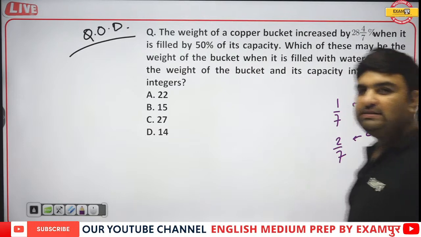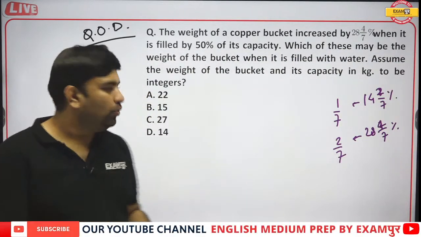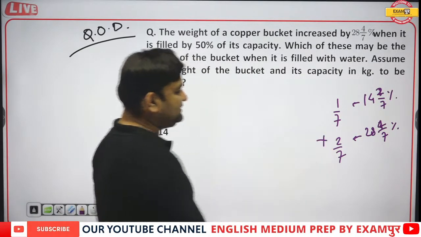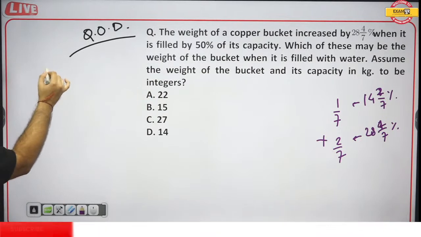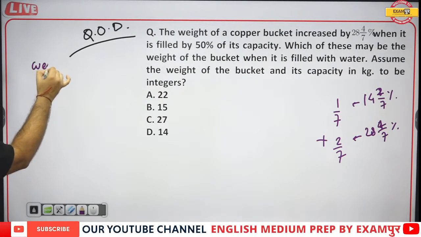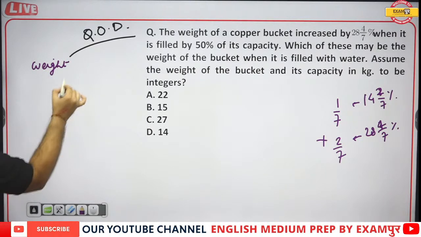So the weight is increasing by 2 over 7. The copper bucket weight is increasing by 2 over 7.